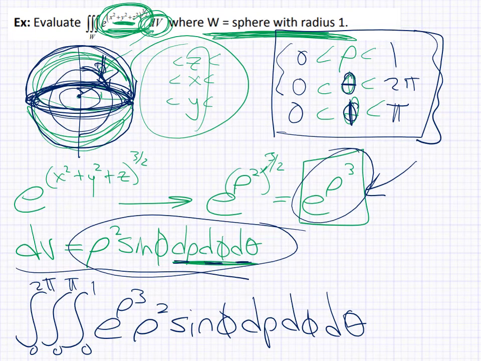Since everything in my intervals are constants, and these are multiplied together, we could split this into 3 separate single variable integrals. That's one of the tricks we learned when it came to doing integration. If all your functions are products of single variables and your integration is happening with all constants, we can split this up. So that's how we're going to do it.